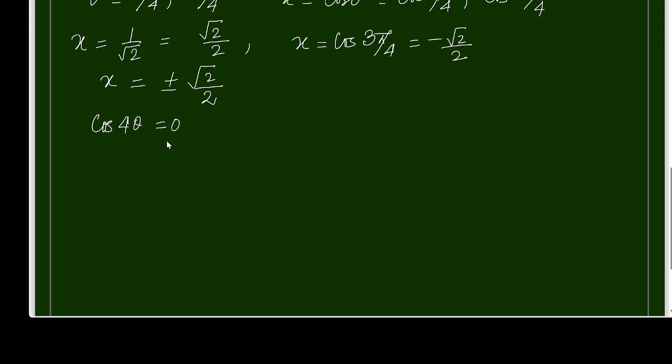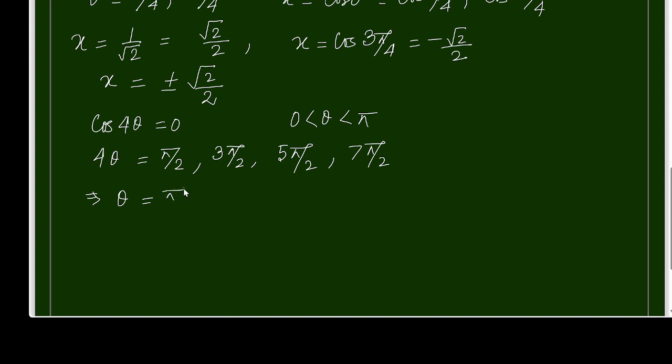Since θ is between 0 and π, 4θ can be π/2, 3π/2, 5π/2, or 7π/2. So θ can be π/8, 3π/8, 5π/8, and 7π/8.